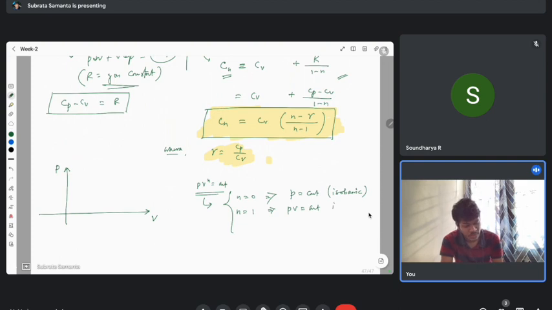This process is called isothermal. What about n equals gamma? n equals gamma implies PV to the power gamma equals constant. It's called adiabatic.